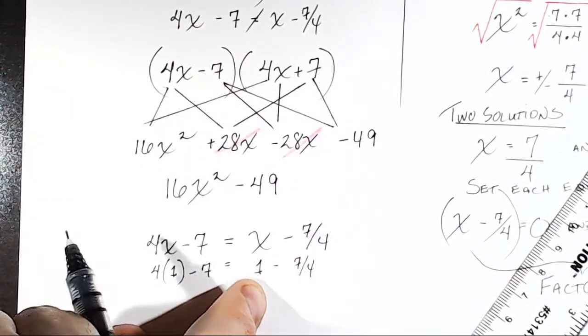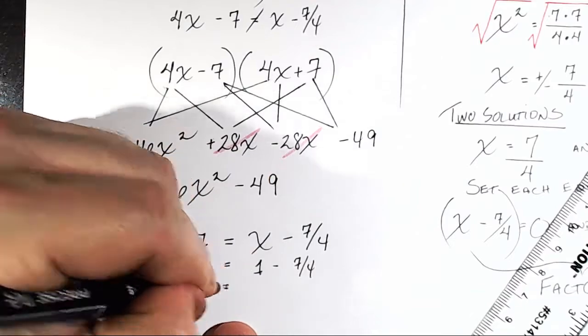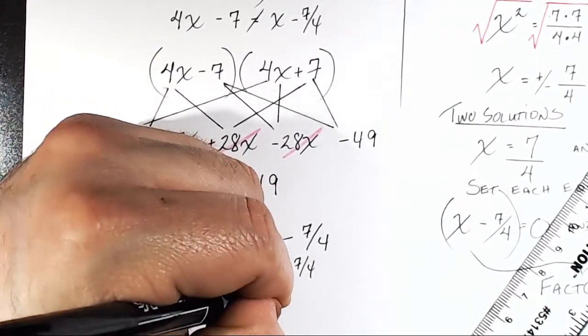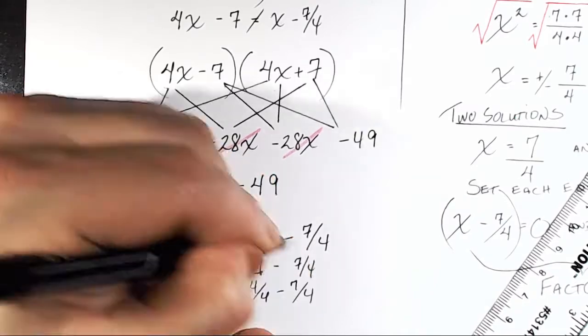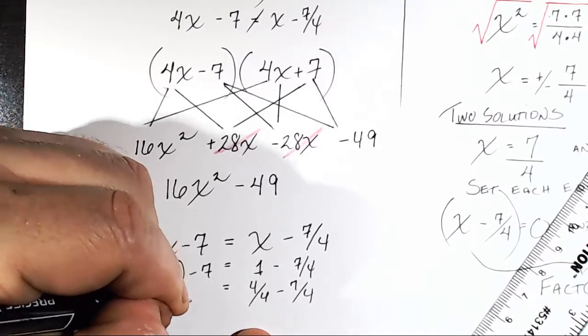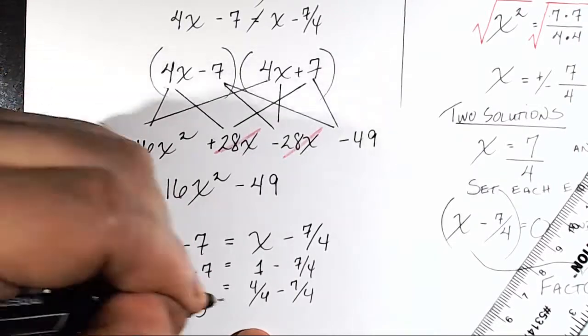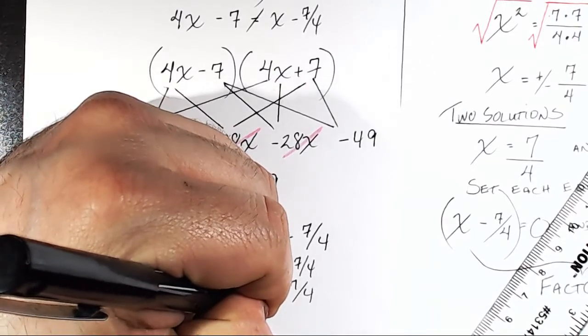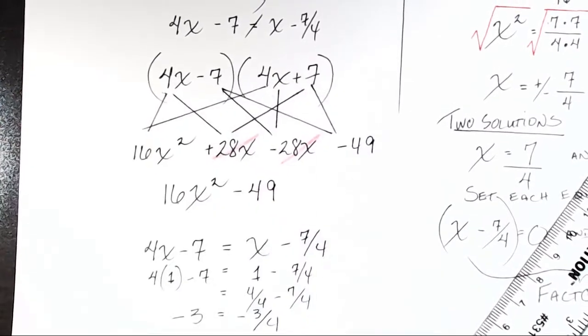Well, what is 1 in terms of 4? 1 is 4 over 4 minus 7 over 4. So I've got here negative 3 equals negative 3 over 4.